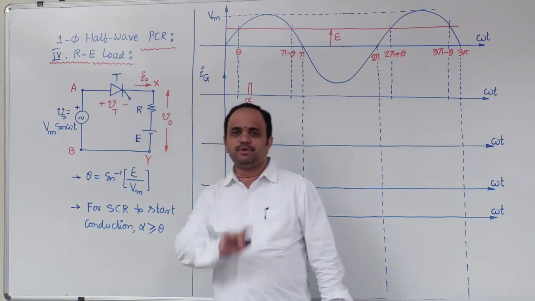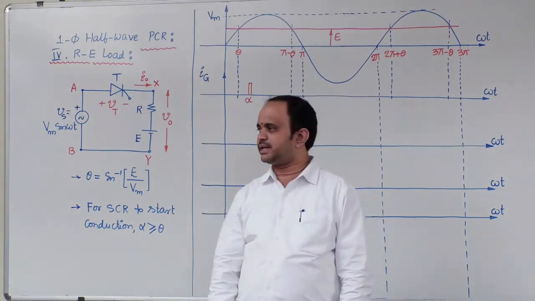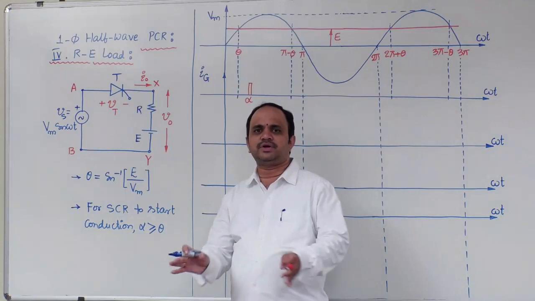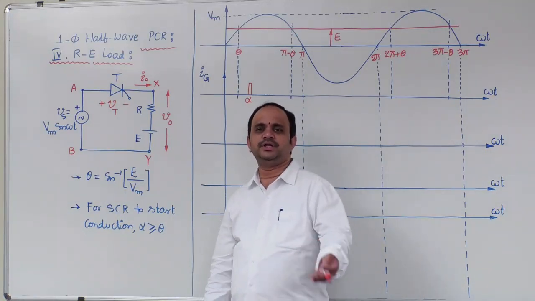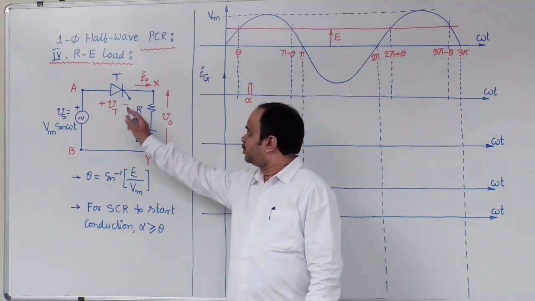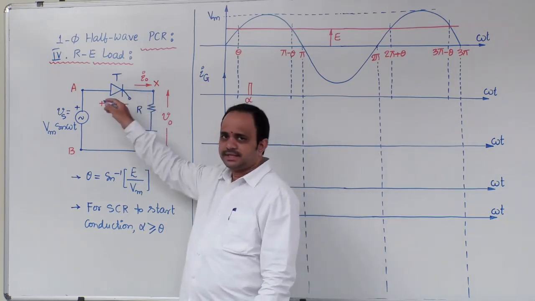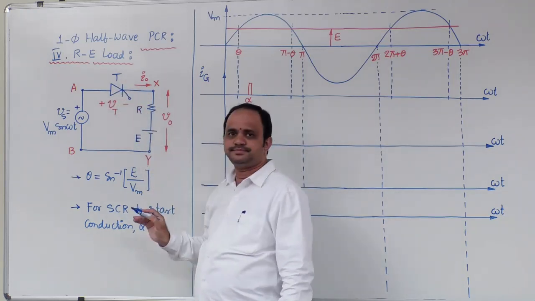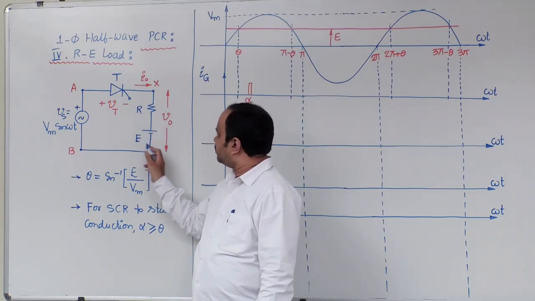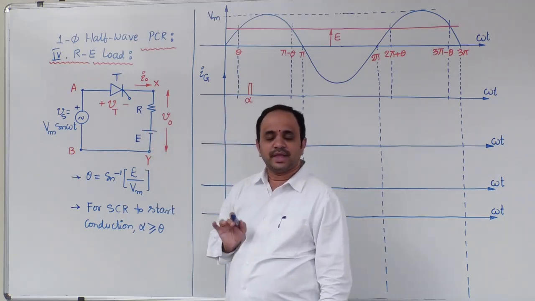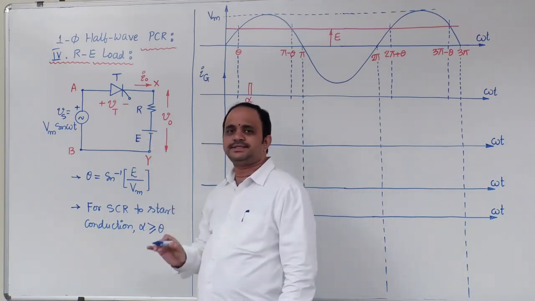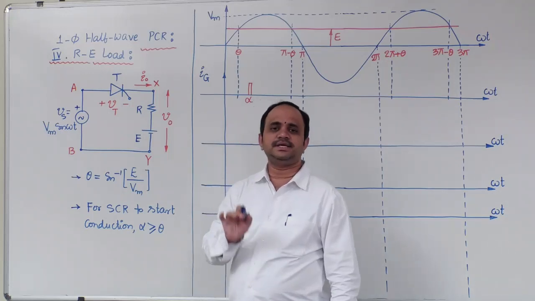Next, another important point in this particular case. Generally we will come across this type of statement while doing numerical examples. Suppose the given device is SCR and the load is RE. In other words, the load has an EMF term and SCR is triggered with constant DC gate current.